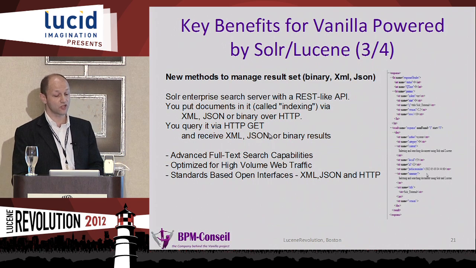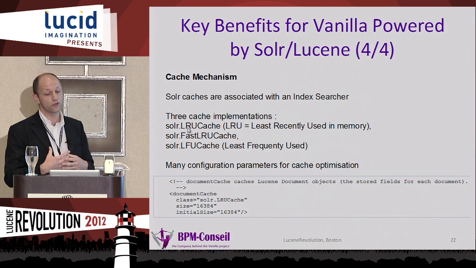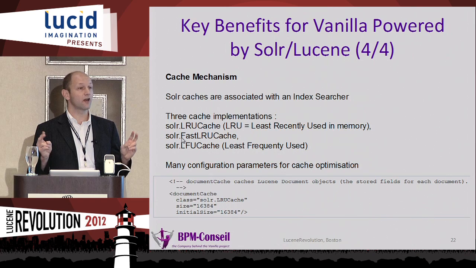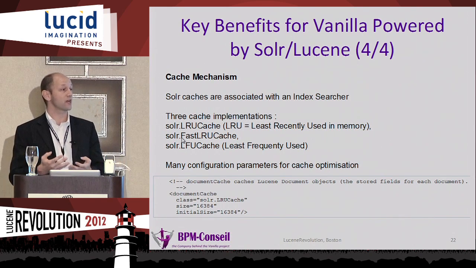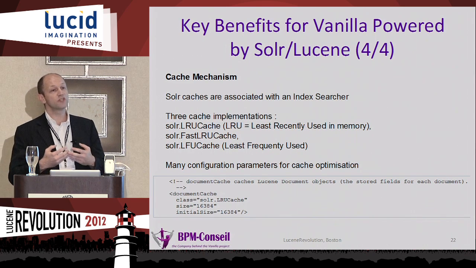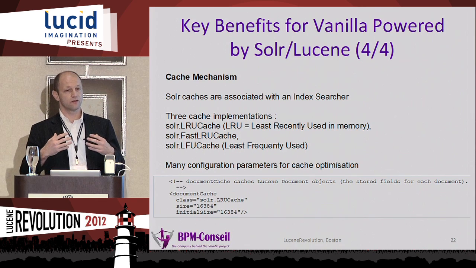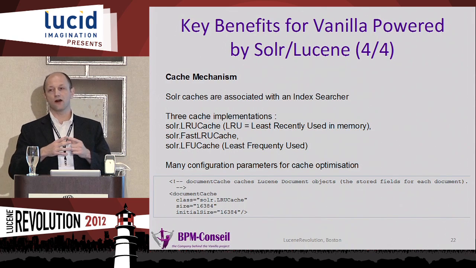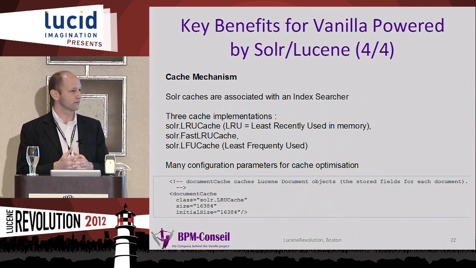Fourth thing, we have a cache mechanism. And the cache mechanism is exactly the same that we use in Vanilla. And to be cloud ready, because it's very fashionable, it's the same cache, it's Memcache. Okay, so it's very easy because the beauty of open source also is taking the best components available, and those best components are used in the, let's say, best open source platform.